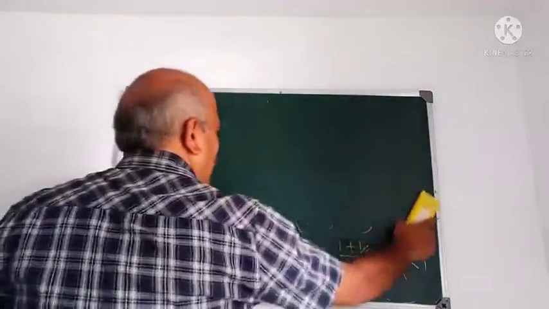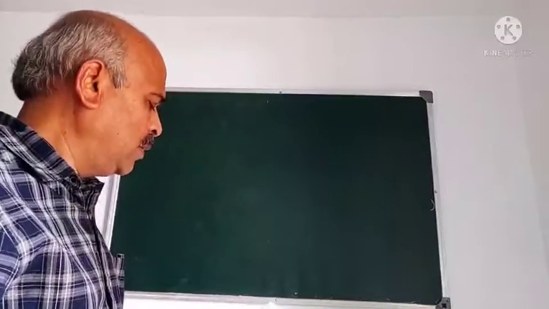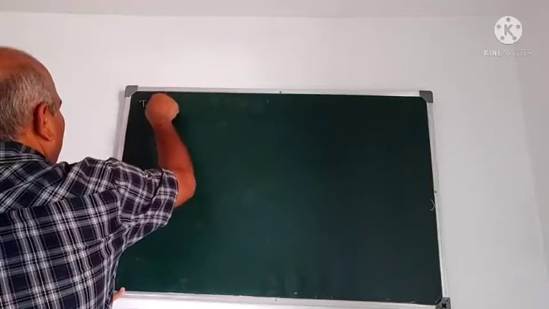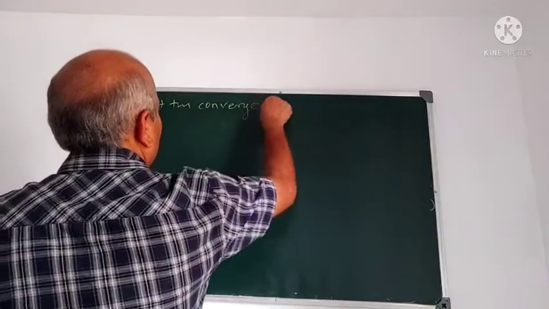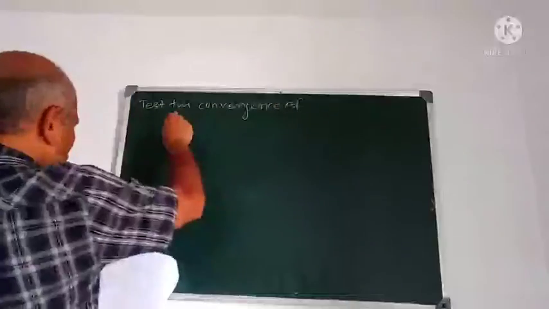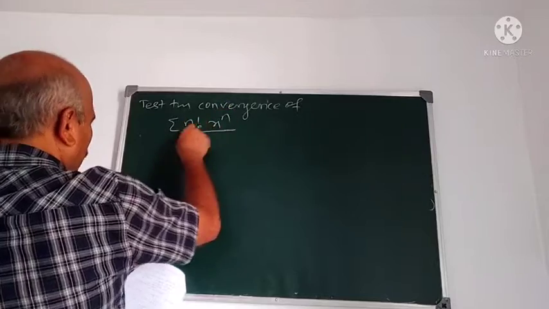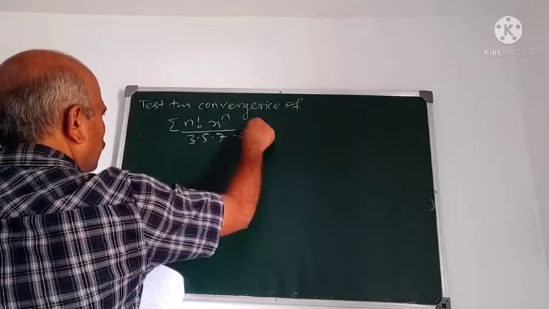I think you followed the solution. This previous problem was quite simple. Now, the second problem: test the convergence of sigma n factorial x raised to n upon 3, 5, 7, etc. up to (2n plus 1).